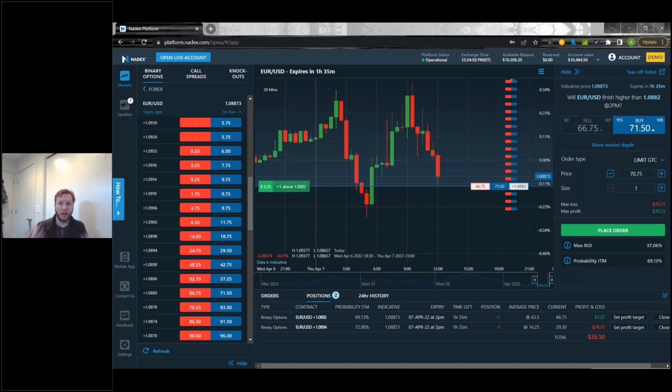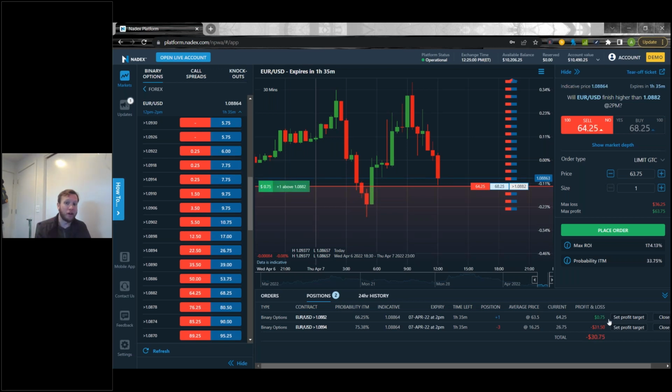So I bought to get in, I'm gonna have to sell this contract to get out. And that's why this current price is telling me the sell price, because it's basically saying if I were to sell this right now, this is the price you can get, which also means that this profit and loss is not showing the profit and loss that you would receive if this were to expire right now. It is only showing the profit and loss that you would get if you sold the contract right now, if you exited your position.